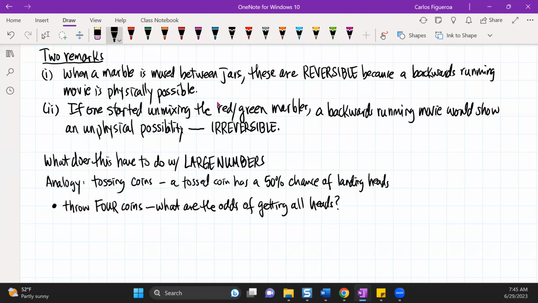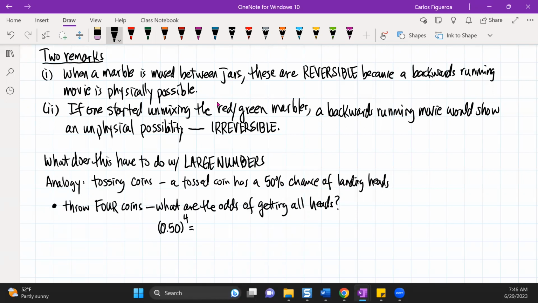Well, from statistics, the probability, if it's 50%, is 0.5, and then to the power of 4, because I'm tossing 4 coins.